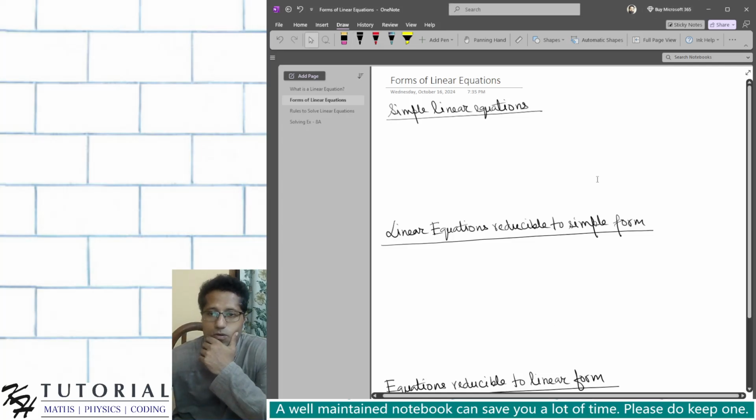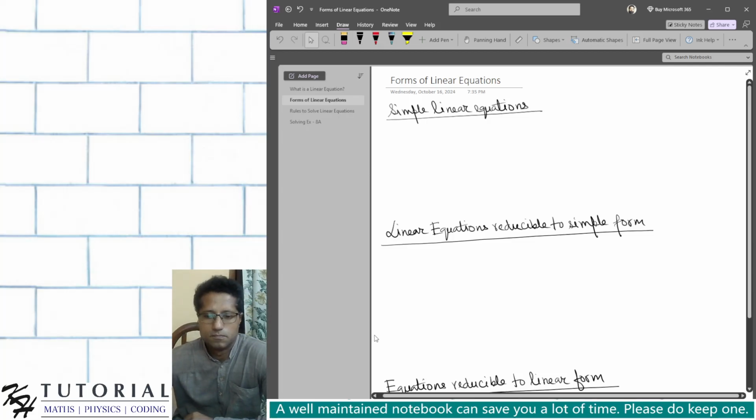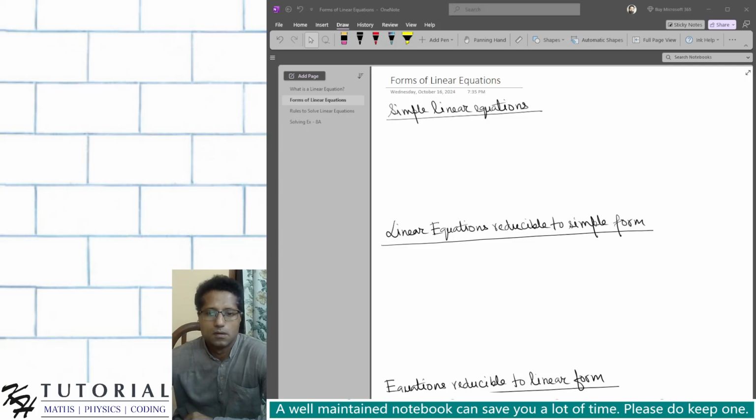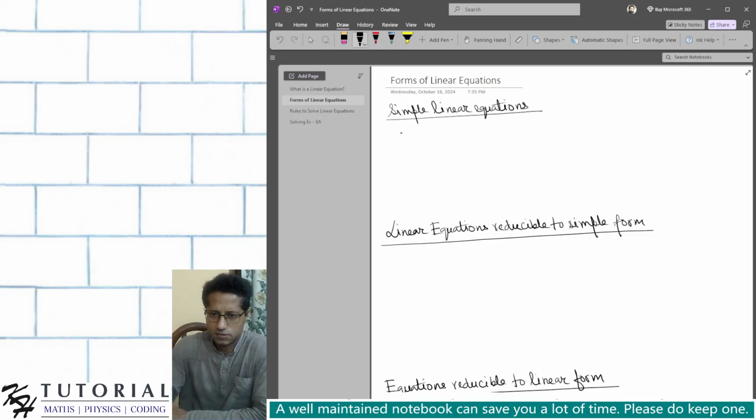Where was I? Okay. So, let's understand what are the various forms of linear equations. The first one is simple linear equations. In simple linear equations, we have linear polynomials.